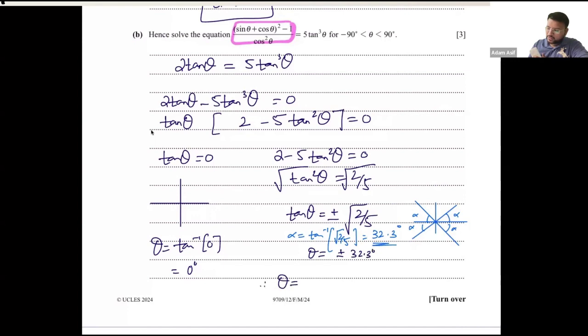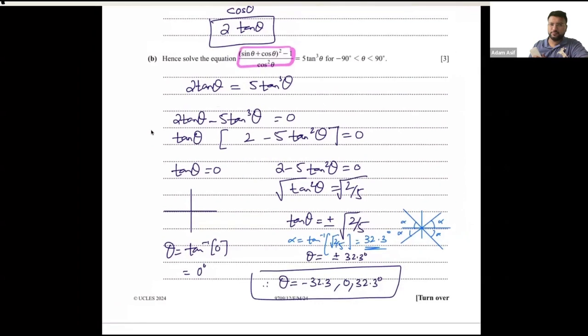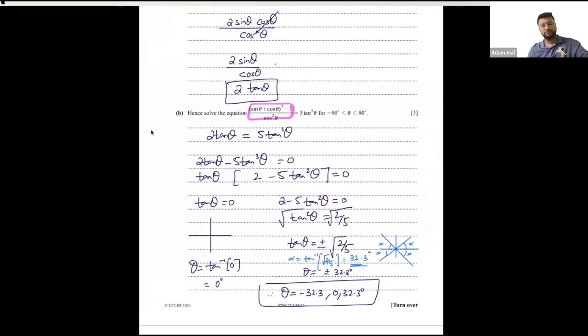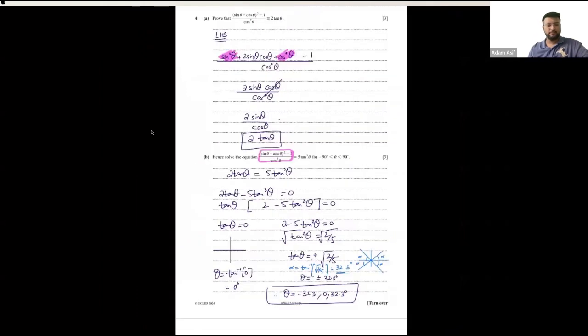So therefore the final answer would be minus 32.3, 0 and 32.3. That's the working for the entire question. All right.